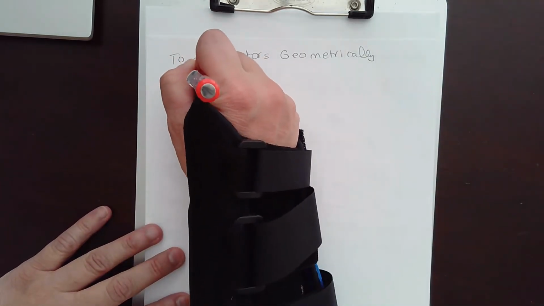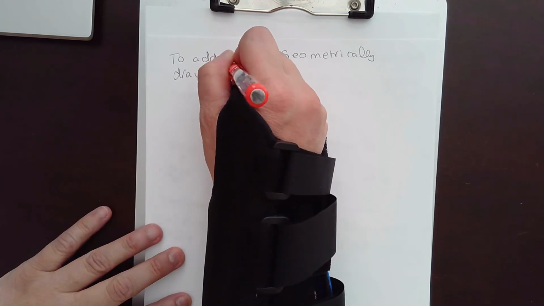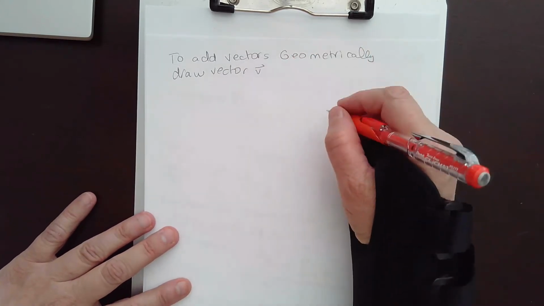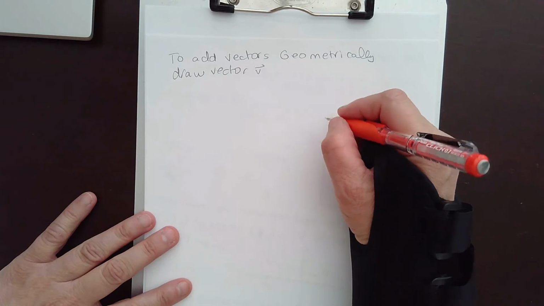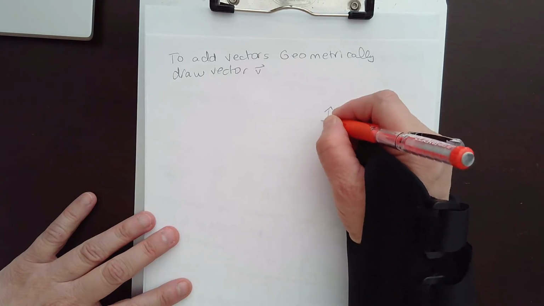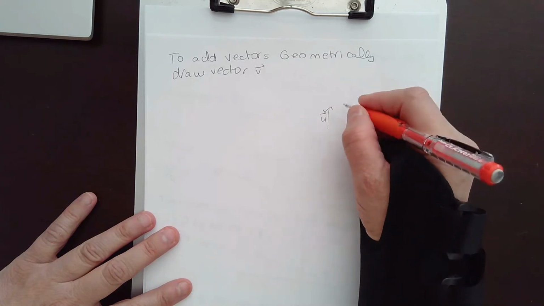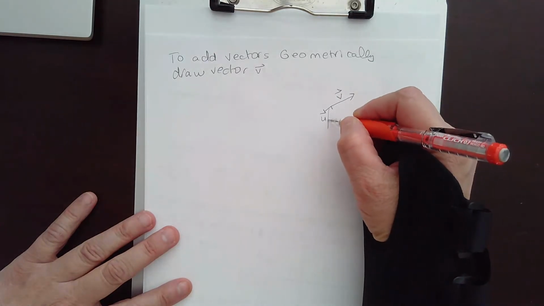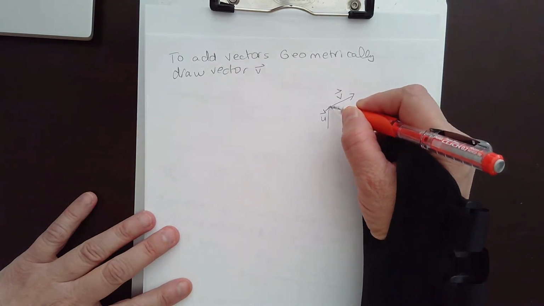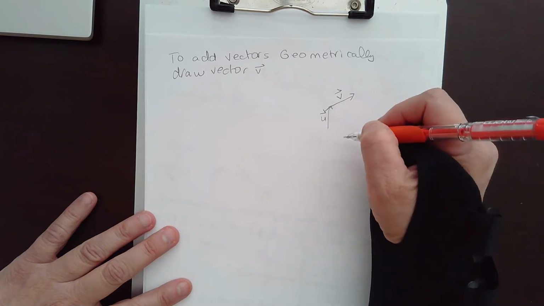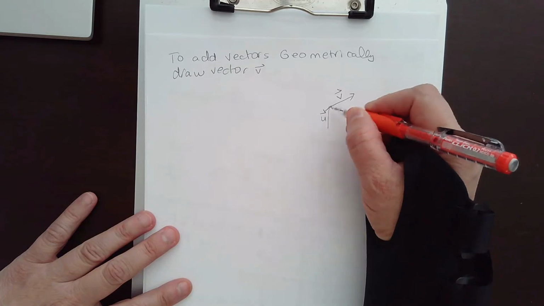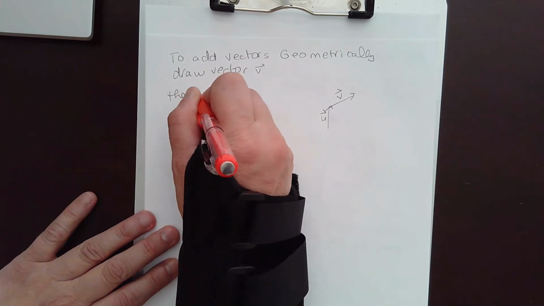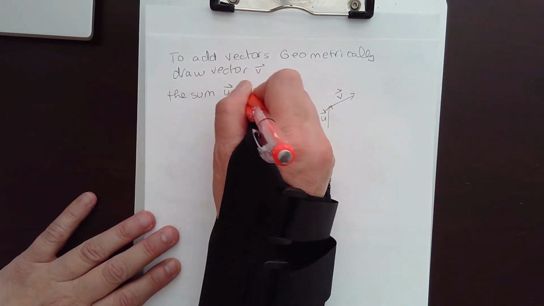Let's just say here is U and here's V. So this is vector U and this is vector V. It's starting at the end of vector U. So how do you find the sum, vector U plus V?